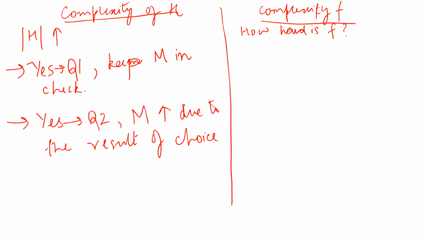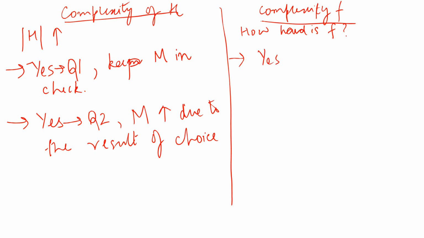Now, similar to that, let's think about the complexity of f. This is something unknown, first of all, and I don't really see a direct impact on question one. Why?